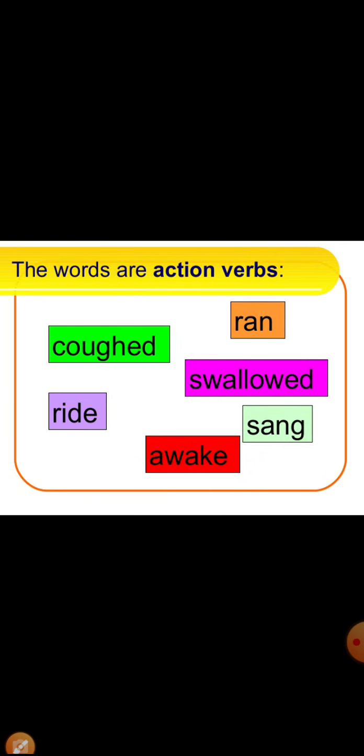The words are action words like cuffed, ran, swallowed, sang, awake, ride, writing, swimming, crying, dancing, painting. All these are action verbs, or you can say main verb, which tells you what the subject is doing.